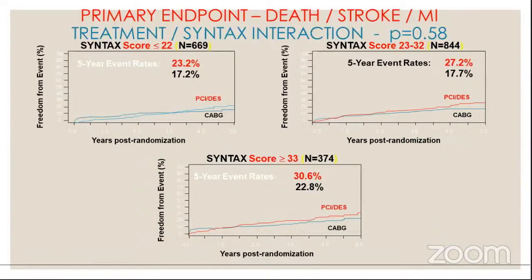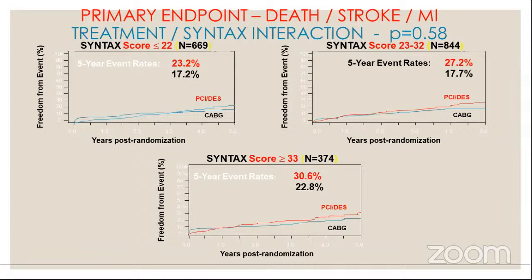Here, comparing the patients who underwent PCI and those who underwent CABG regarding the SYNTAX score, which shows the complexity of the coronary artery disease. We can divide them into 2 or 3 groups, starting with patients with a SYNTAX score of 22 or less. Here we have the event rate for patients who underwent revascularization with PCI.